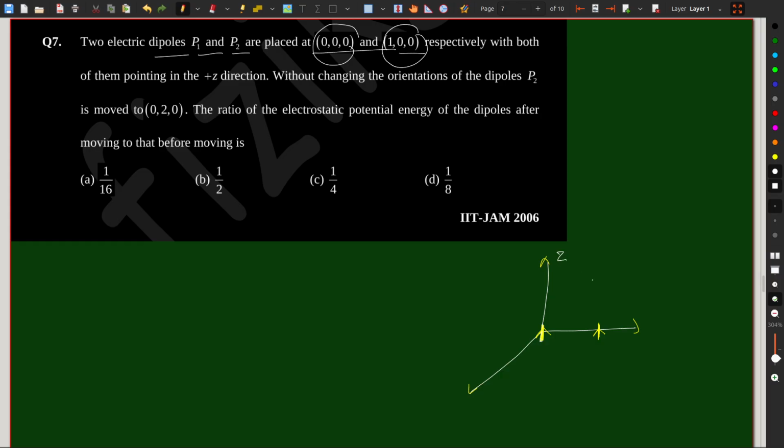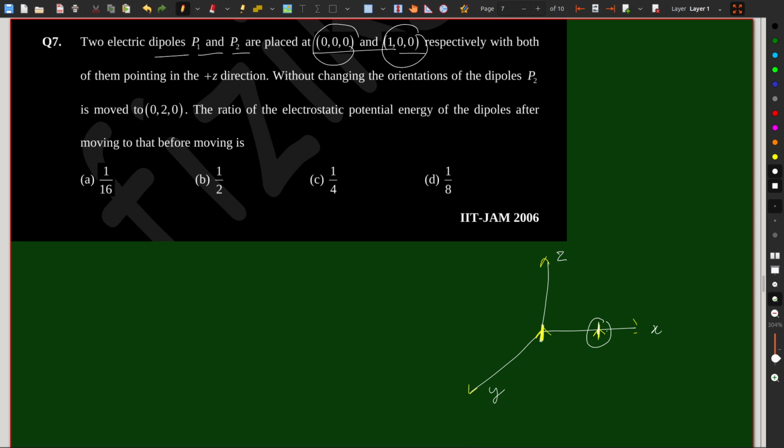This is Z, Y, X. Without changing the orientation of dipole P2, this dipole is moved, sorry, this is the x-axis, sorry for my mistake. X-axis and y-axis.